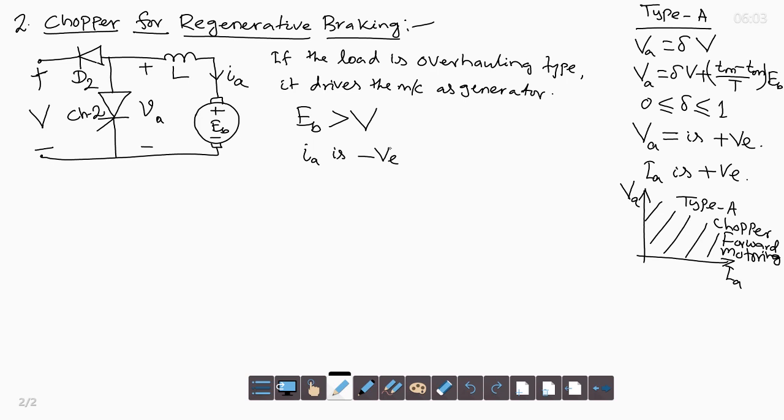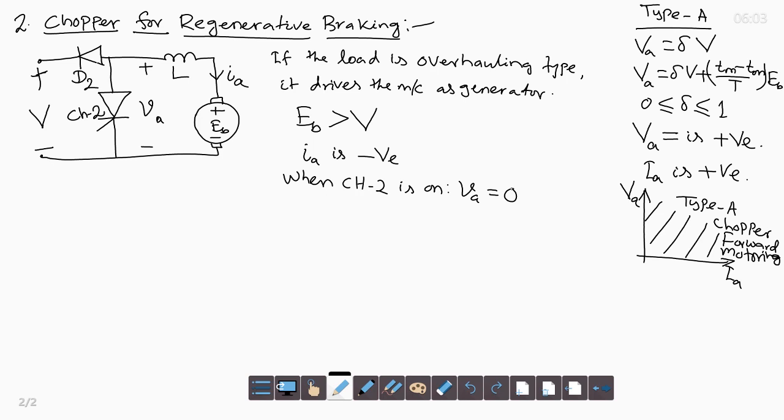And when chopper 2 is on, current IA flows through the chopper circuit, so VA equals 0, the voltage across the output is 0.